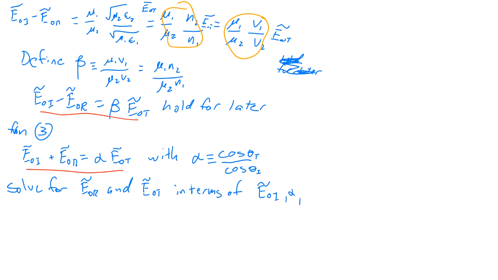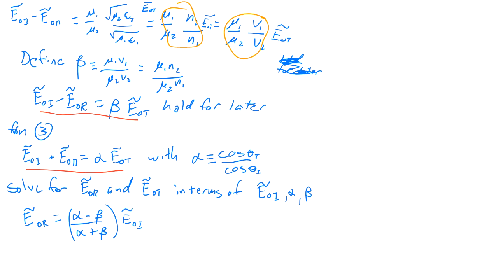And alpha and beta. Alpha has to do with the angle that we send it in, and properties of the material, and beta has to do with just properties of the material. So we do that, and you get this relationship, which is relatively straightforward.